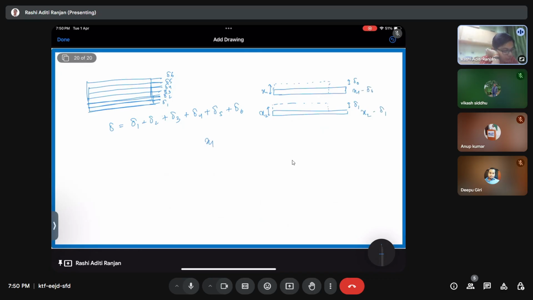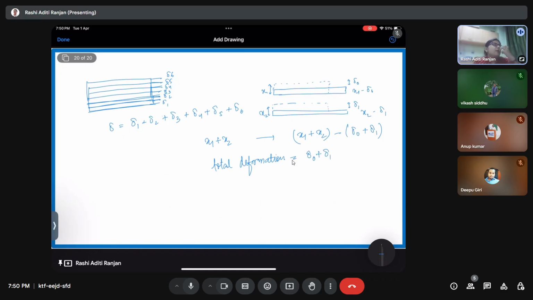So from x1 plus x2, now my thickness is x1 plus x2 minus delta naught plus delta 1. So my total deformation is what? Delta naught plus delta 1. So it is additive in nature.